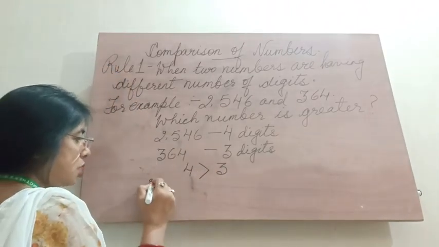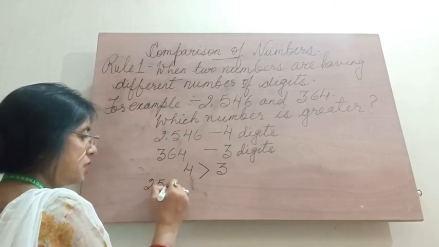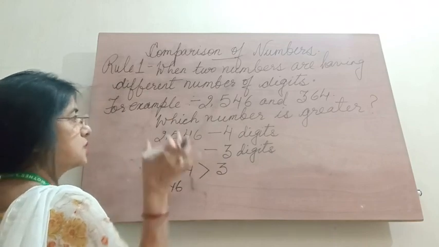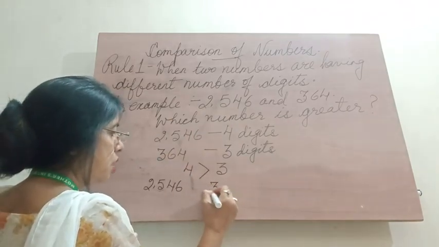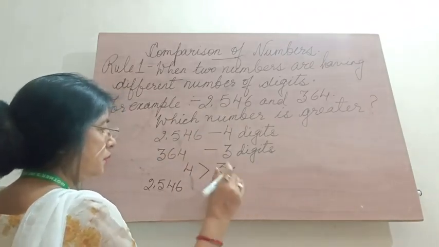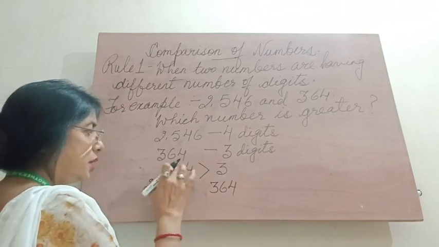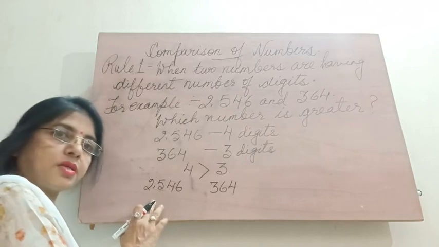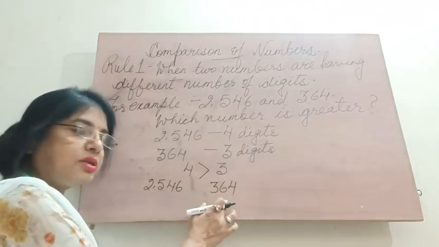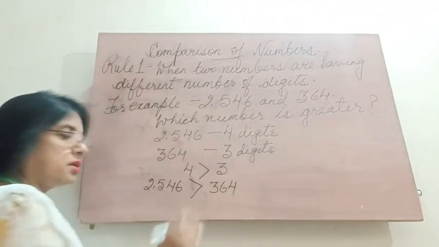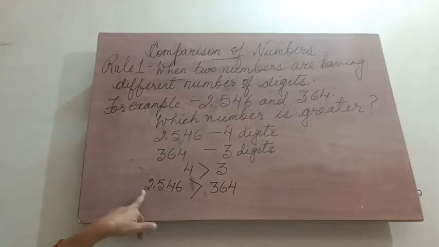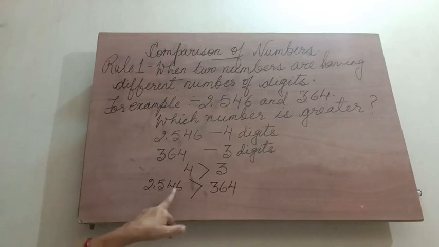Obviously 2546 is having 4 digits, whereas 364 is having 3 digits. So this number is greater than 364.